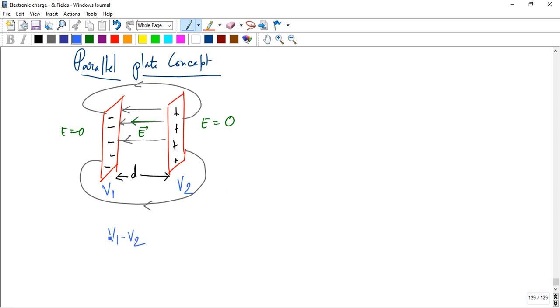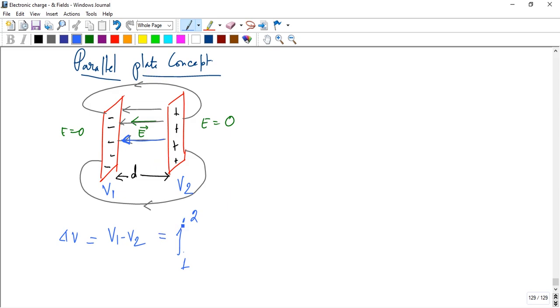That's the potential difference delta V, V1 minus V2, which is the integration from 1 to 2 of the electric field, with the field pointing from plus to minus. Suppose we bring the test charge from plate 1 to plate 2.